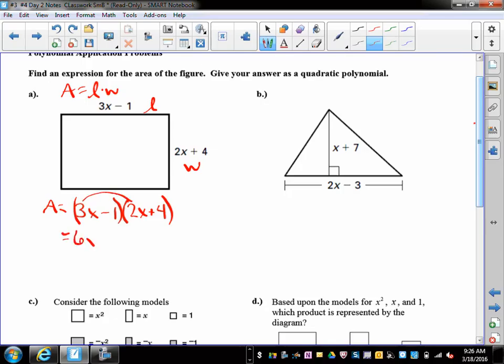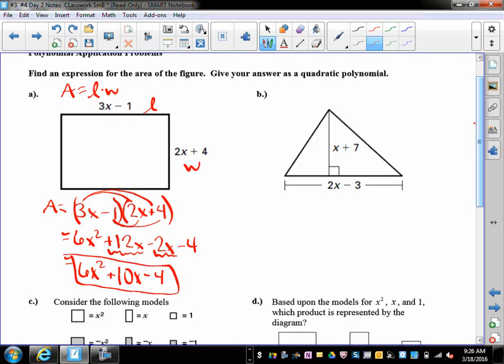So 6x squared plus 12x minus 2x minus 4. And then combine our like terms. We get 6x squared plus 10x minus 4. And that's our answer. Not too shabby.